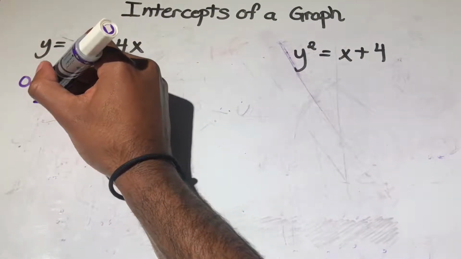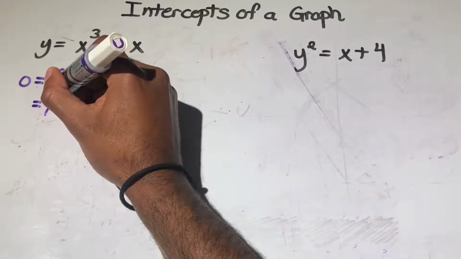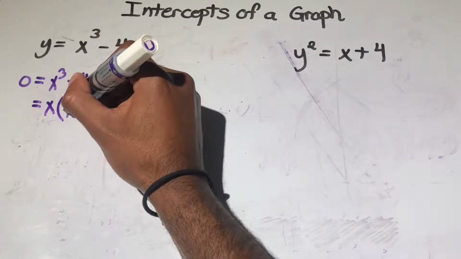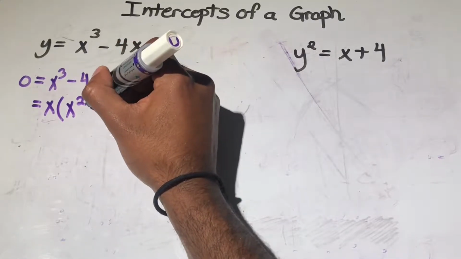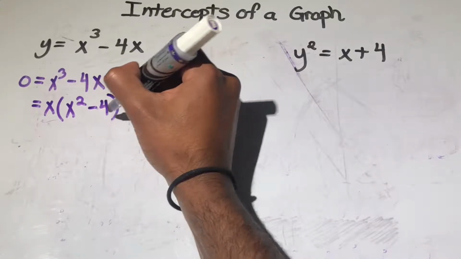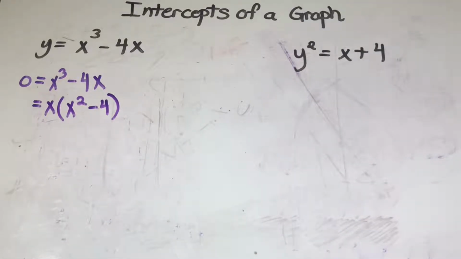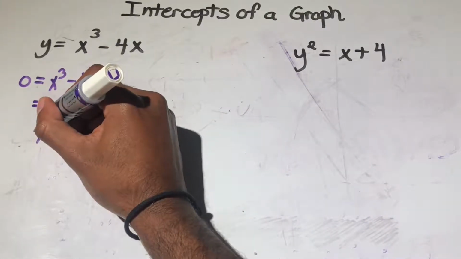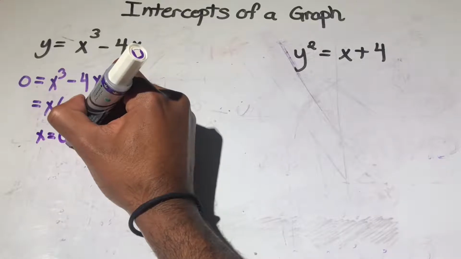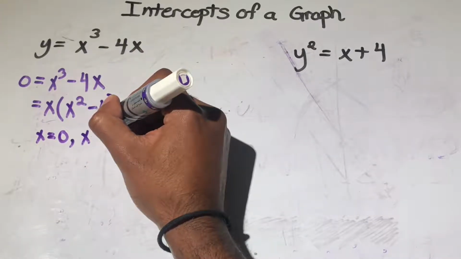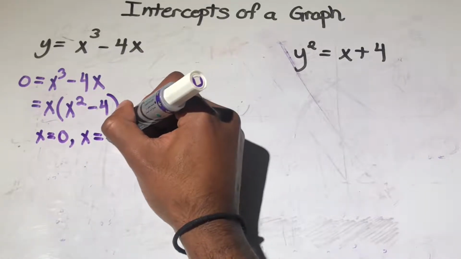Notice how we can factor out the x here, giving x squared minus 4. The equation has solutions at x equals 0, x equals positive and negative 2.